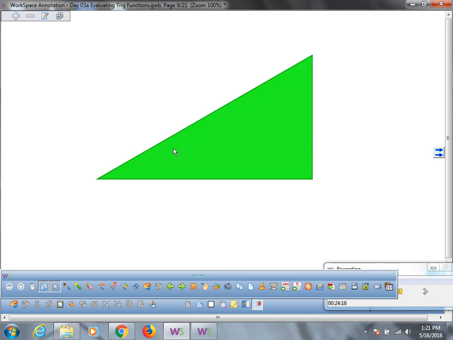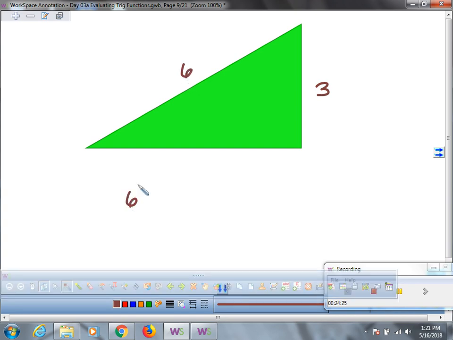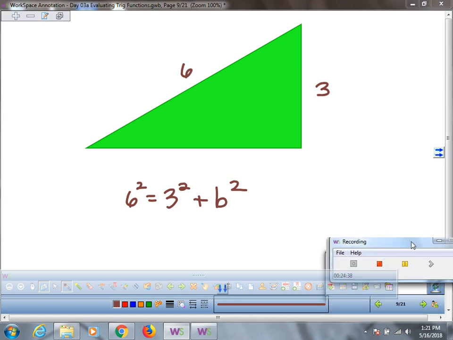This was my 3, 6. All right, so 6 squared equals 3 squared plus b squared. Solve it. Do it. In your table groups, work together.